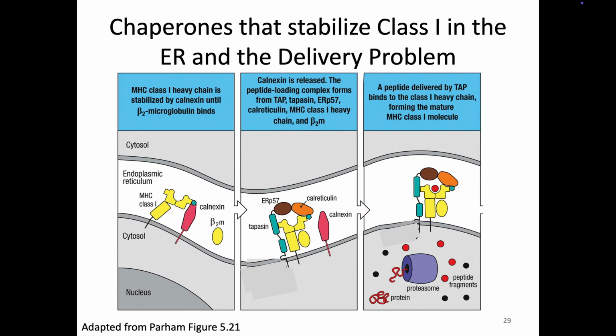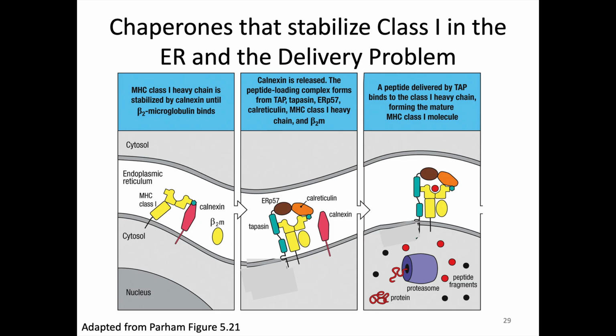And so that MHC class 1 molecule is going to interact with a lot of different chaperones and just be hanging out in the endoplasmic reticulum like this, with its empty peptide binding cleft, waiting for that peptide to come into the peptide binding cleft.